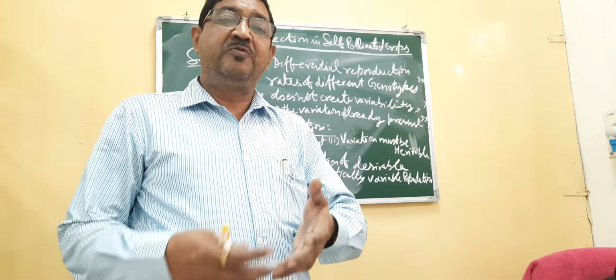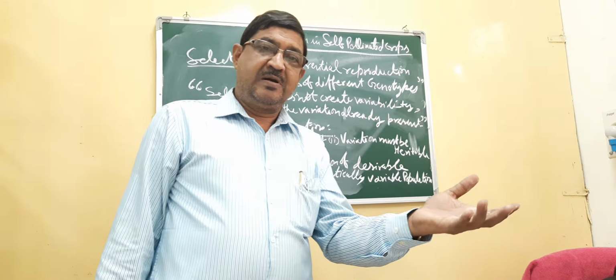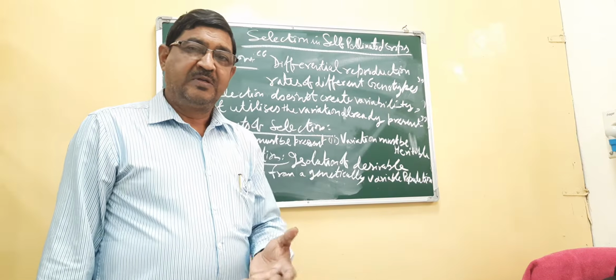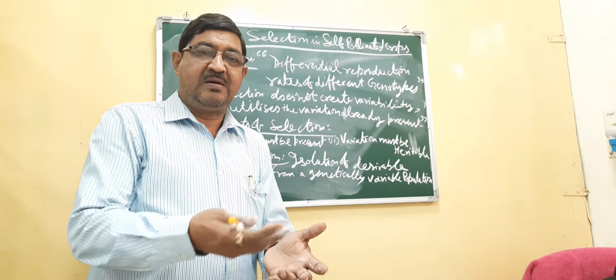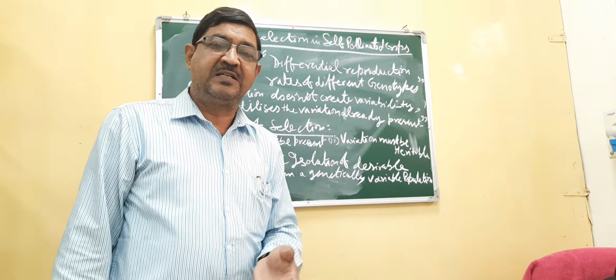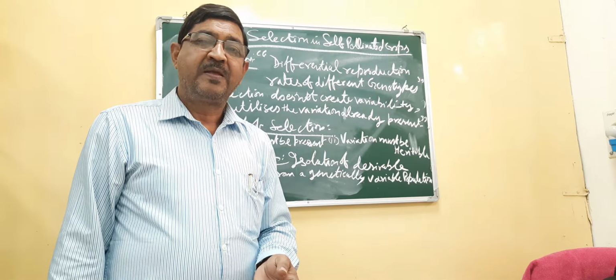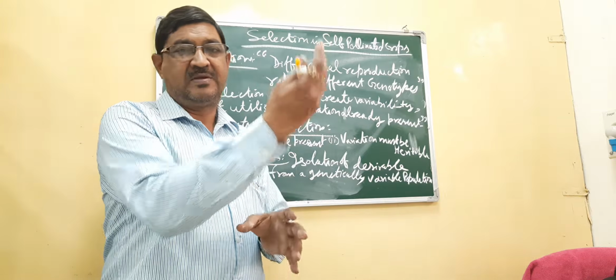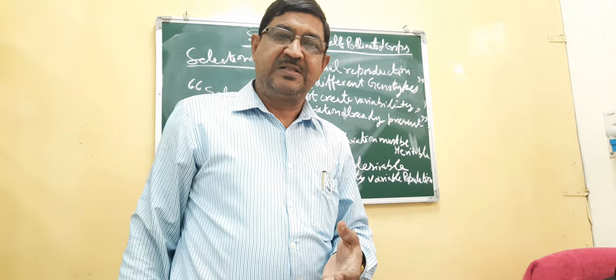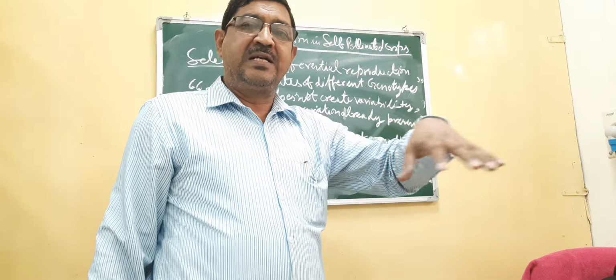Say for example, if you have grown a variety in your field and by chance at some point of your field high fertilizers or nutrients are there and few plants have become more vigorous, you will be thinking that yes, I have got the variability, and you are going to select it.